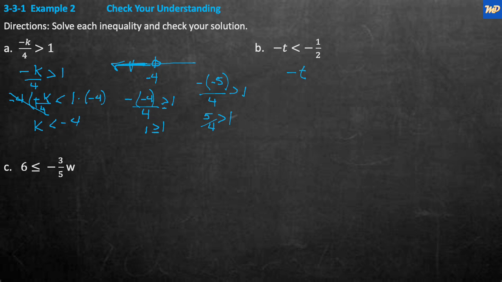Negative t is less than negative 1/2. So in order to undo the negative sign with the t, we're going to multiply both sides by negative 1.